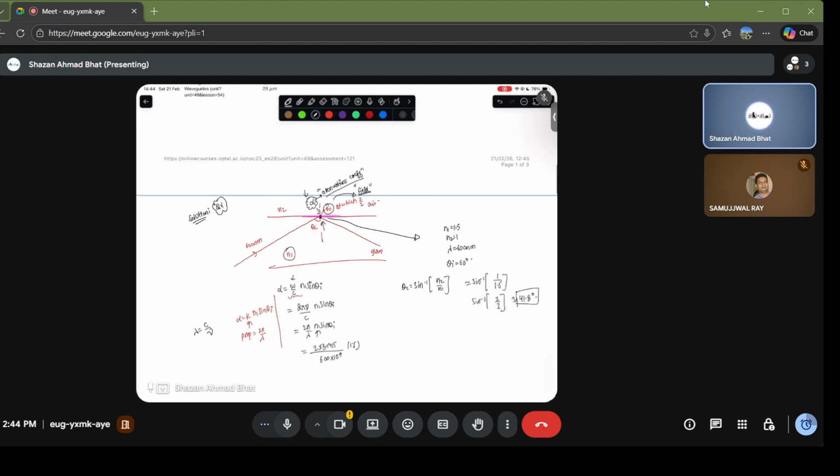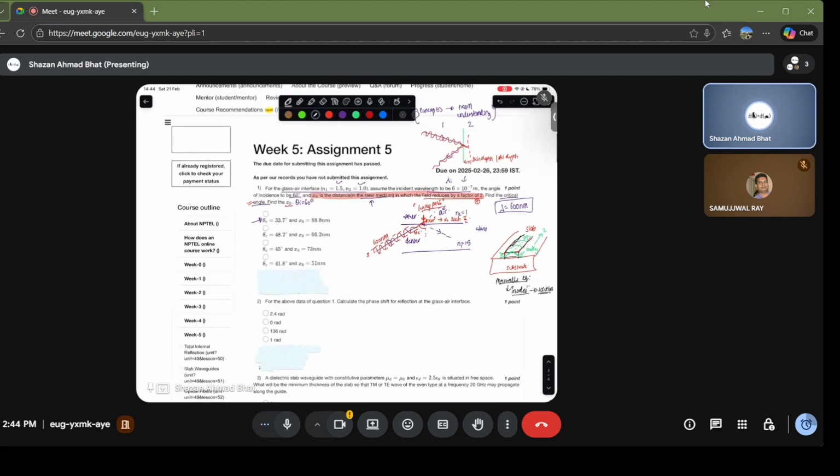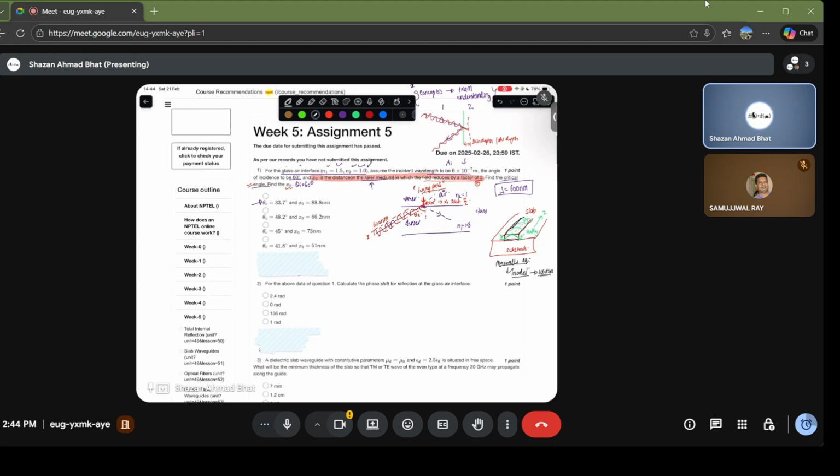You just need to see the order in the question. This is a glass-air interface, so this will be glass, this will be air. And naturally you know it, because for air the refractive index is 1, and for glass it's 1.5. But if it had been written as an air-glass interface, then it would have been given as n1 equals 1 and n2 equals 1.5. But that's not the case here.